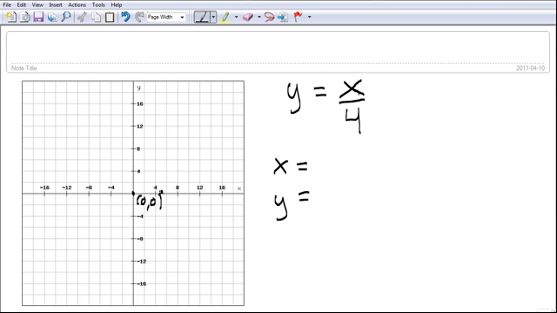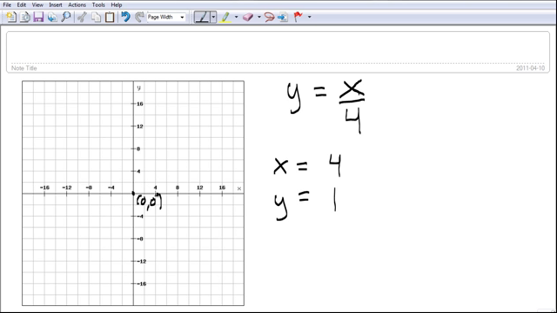So we have 2, 4, 6, 8, 10, etc. Let's choose 4. We put 4 into this function. 4 over 4 is 1. So y is 1. Let's plot this point.